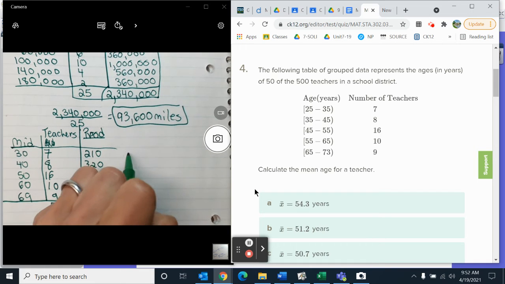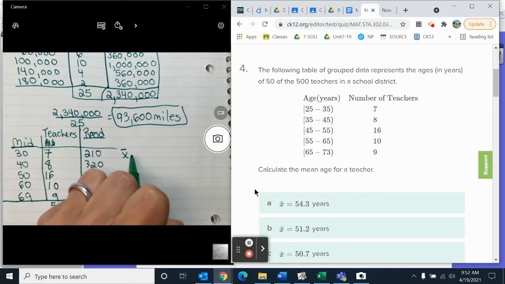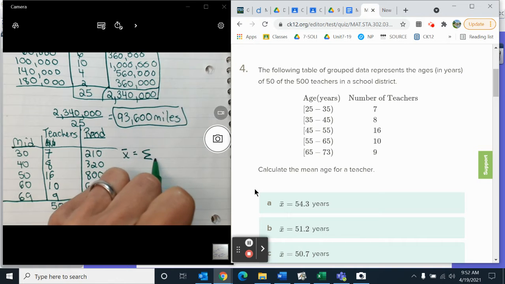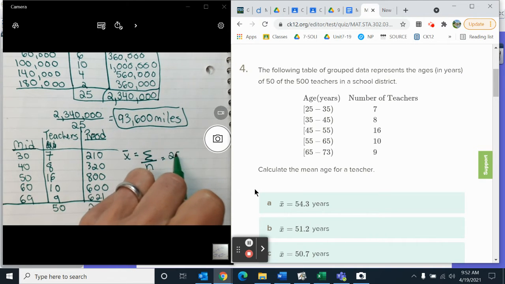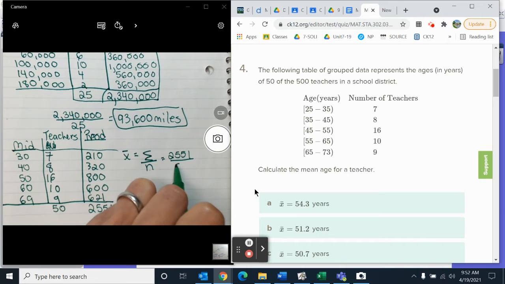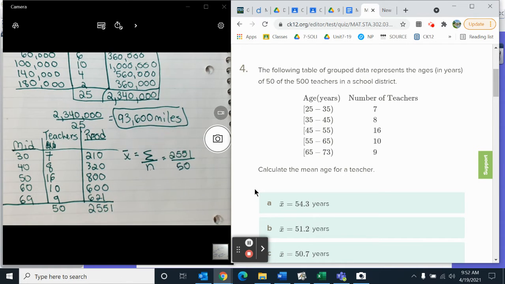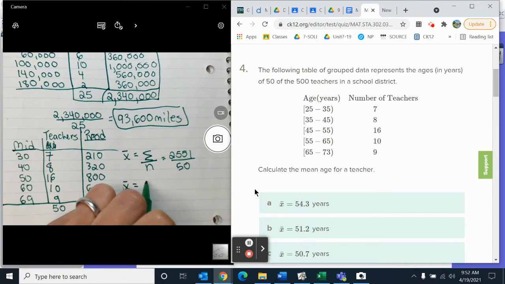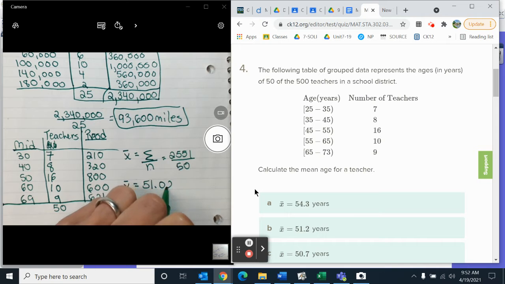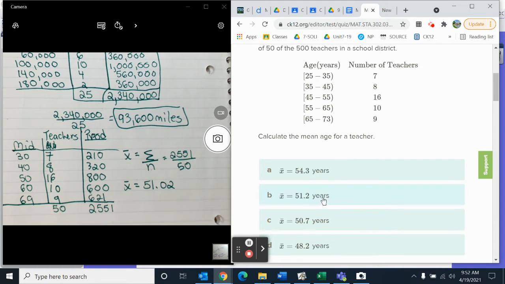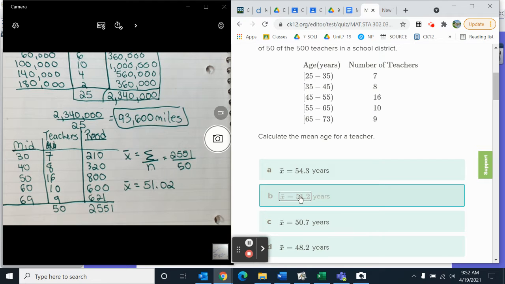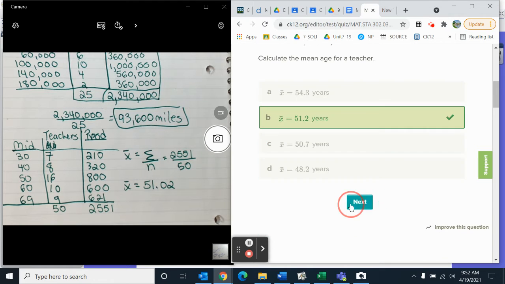Then, to find the average, the mean is the sum of all divided by however many we have. 2,551 divided by 50, and we get a mean of 51.02 years. So I would select 51.2. And moving on to the next.